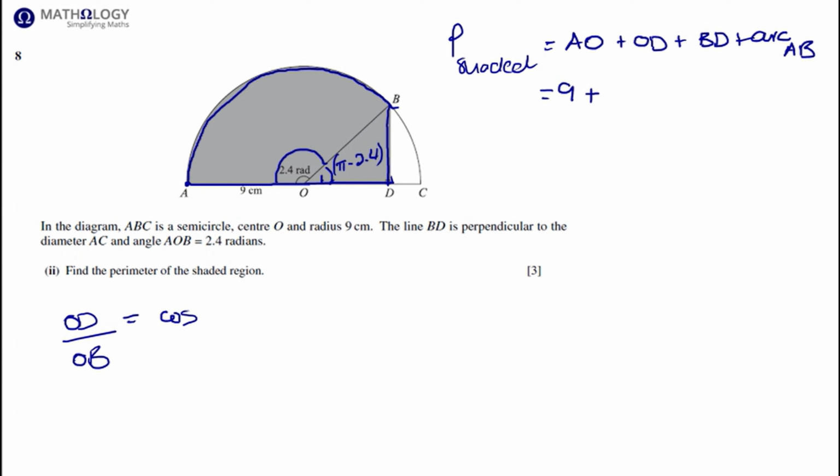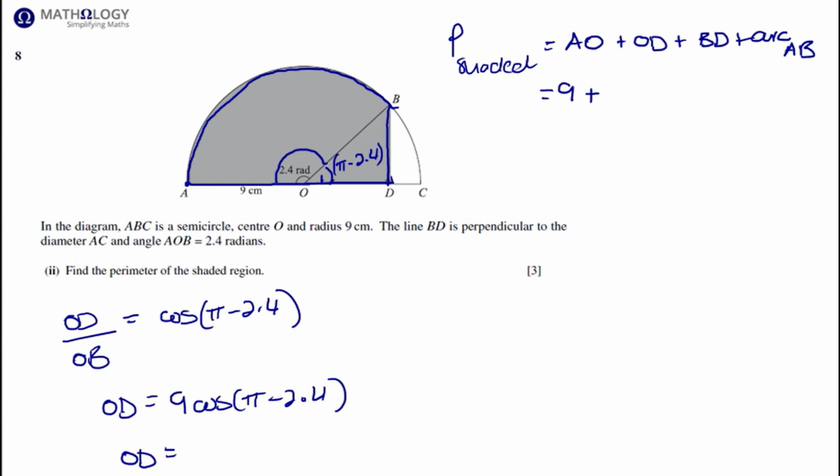So it's cos of (pi minus 2.4). OD equals OB, which is 9, times cos of (pi minus 2.4). OD is therefore approximately 6.64 centimeters, correct to three significant figures.